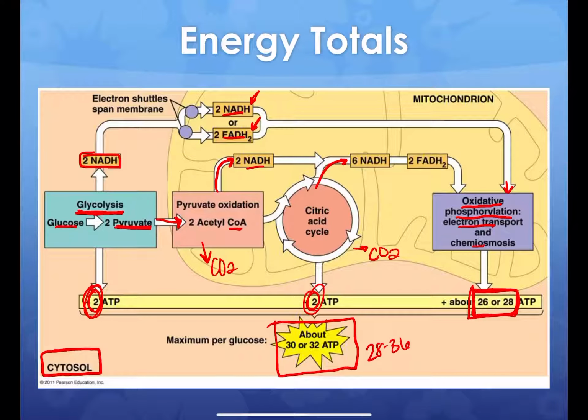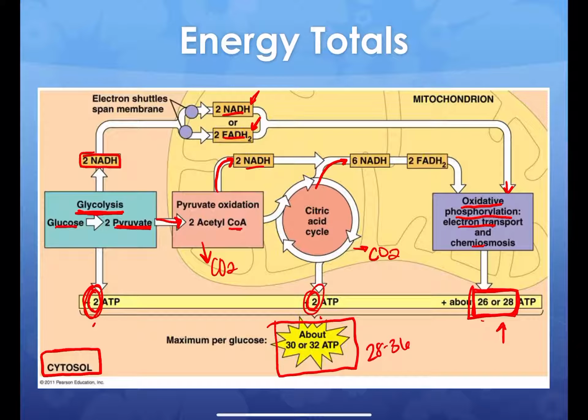I've never honestly heard anything less than 28 to 36 ATPs. So just know that most of it is truly coming from oxidative phosphorylation. Don't worry about the total number. Just realize it's a lot more. You get 2 and 2 and 20-something, or 30 maybe even.